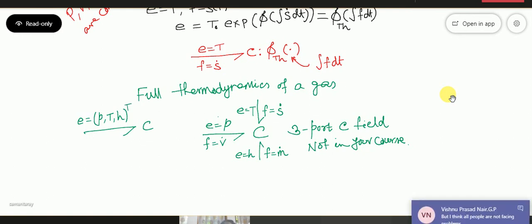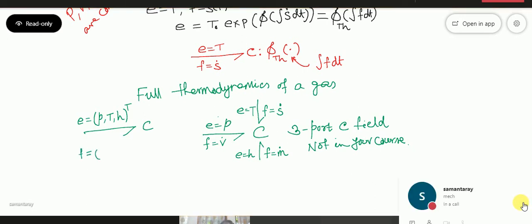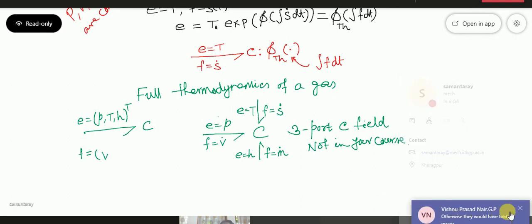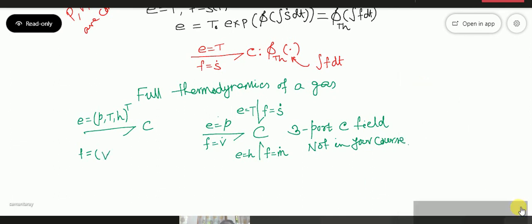Otherwise, I cannot take the dot product with my flow, the corresponding terms. E dot, then you have S dot, then you have N dot without transpose. So E dot F you will get total power.